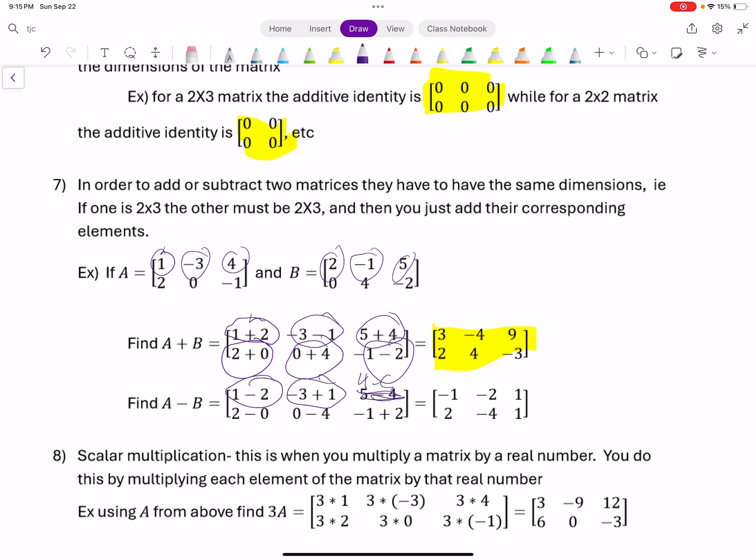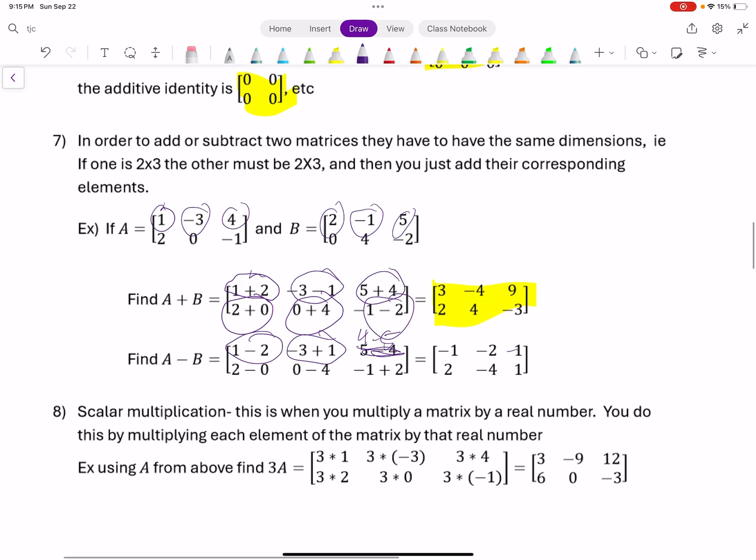That's 4 minus 5. That makes that a -1. So that's my typo. And then 2 minus 0, which is 0, and then 0 minus 4, which is -4, and then -1 plus 2, which is +1. Okay.